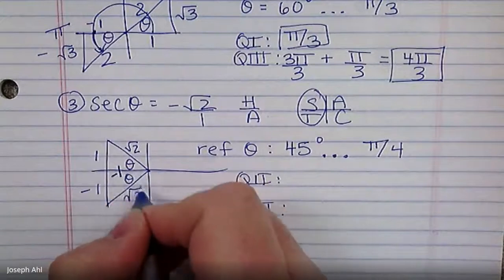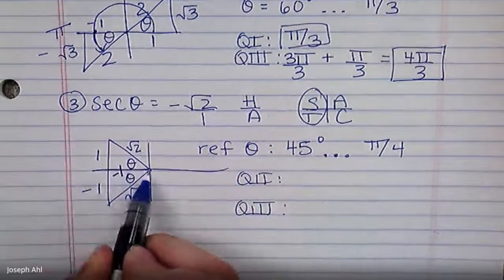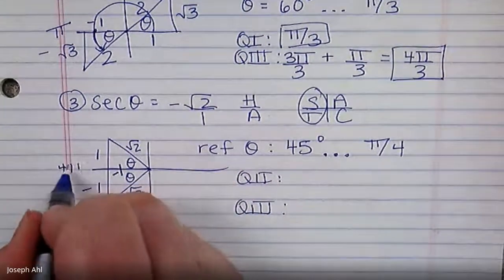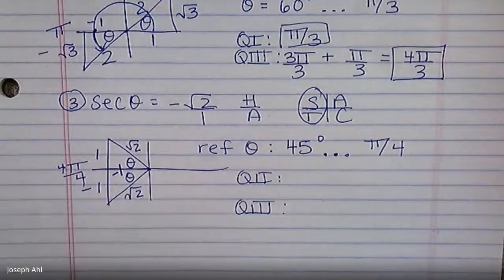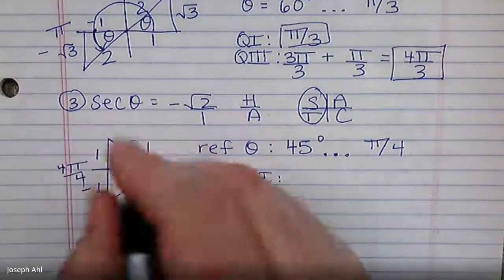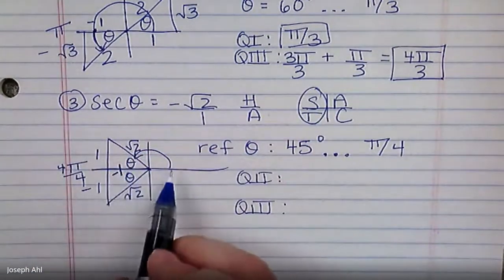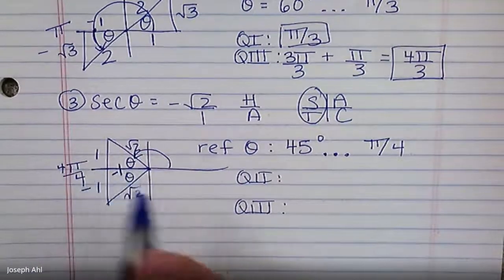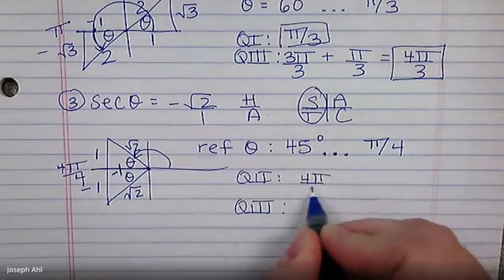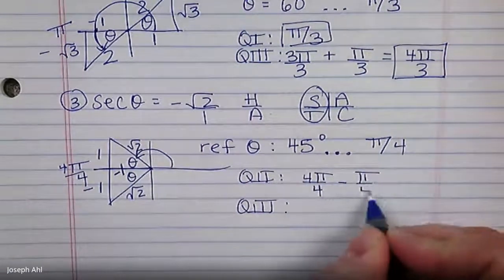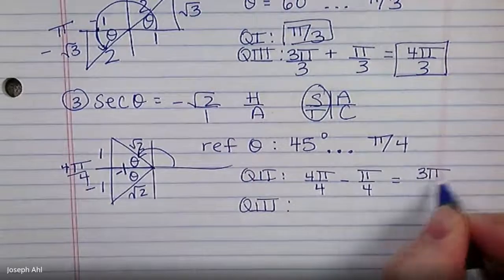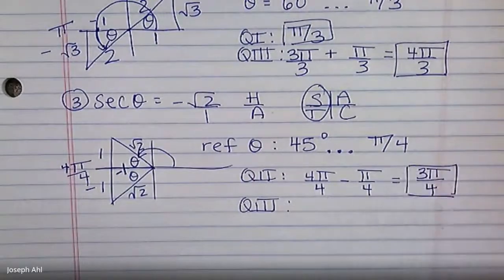Now, when you're in quadrant 2 and 3, it's based off of knowing what halfway around is. Remember, halfway around is pi, or in this case, 4 pi over 4. So to get the quadrant 2 answer, I have to take halfway around, which is 4 pi over 4, and subtract out the reference, pi over 4, to get the answer, 3 pi over 4. That is your quadrant 2 answer.